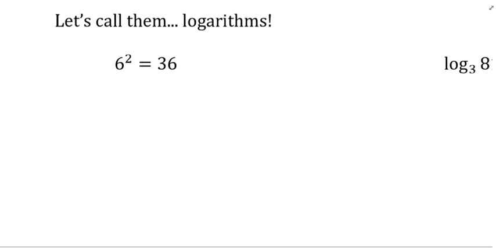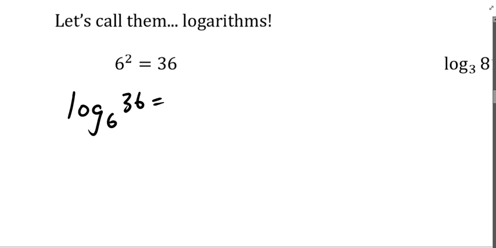Force yourself to think about it that way. The base stays the same. And how do we write the base? Log base 6. But then it switches the other parts around. So this is 6 to the 2, my base 6 to the 2, instead it's log base 6 of 36.